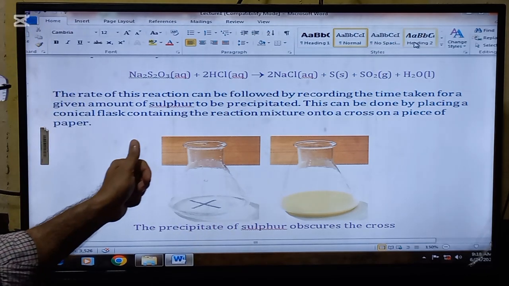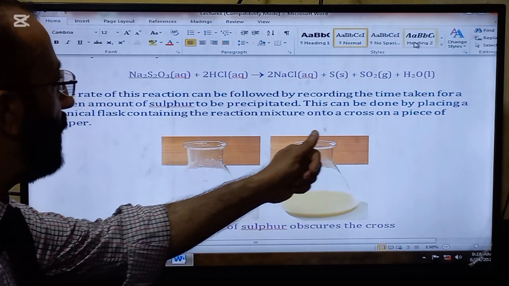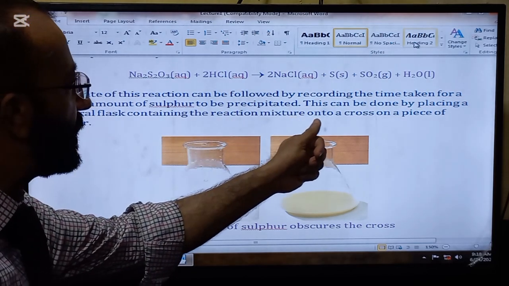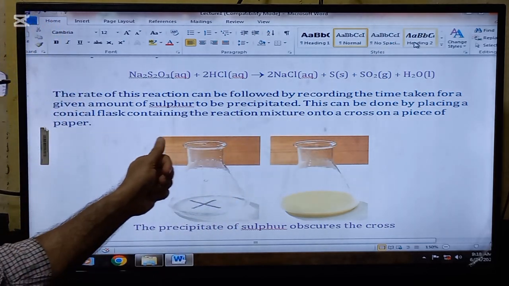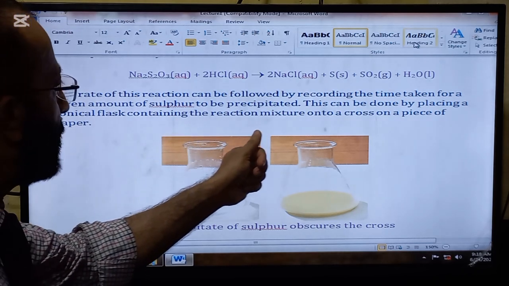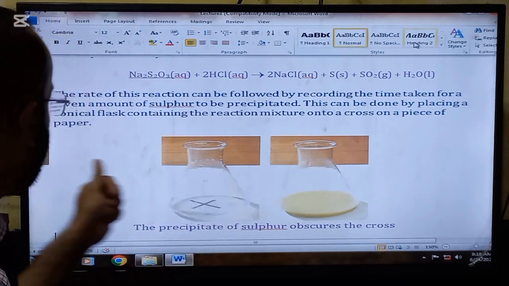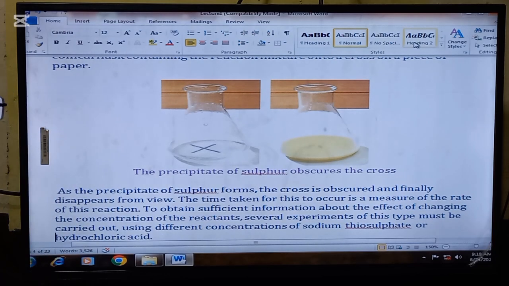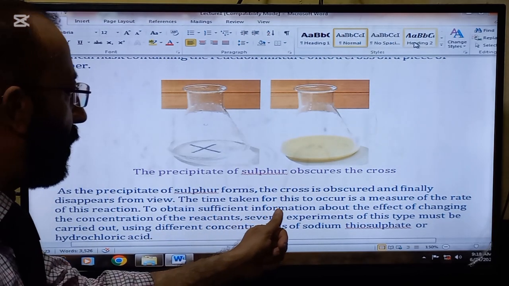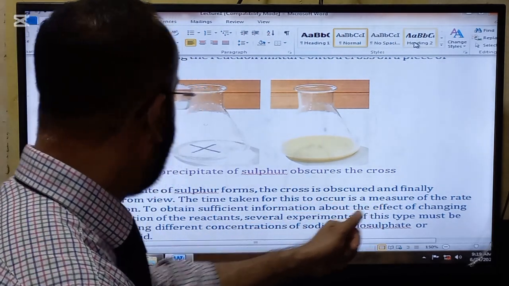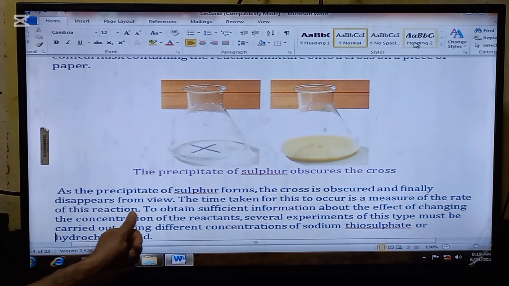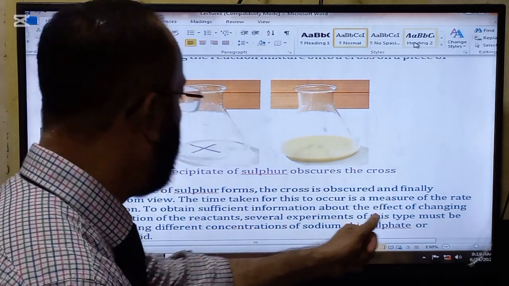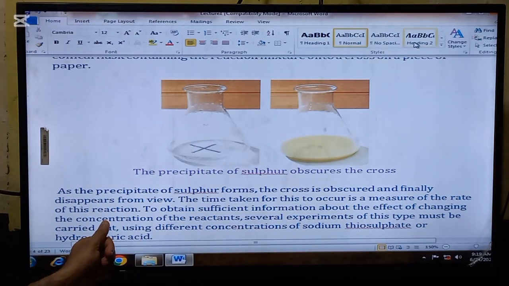The rate of this reaction can be followed by recording the time taken for a given amount of sulfur to be precipitated. As the precipitate of the sulfur forms, the cross is obscured and finally disappears from view. The time taken for this to occur is a measure of the rate of this reaction.